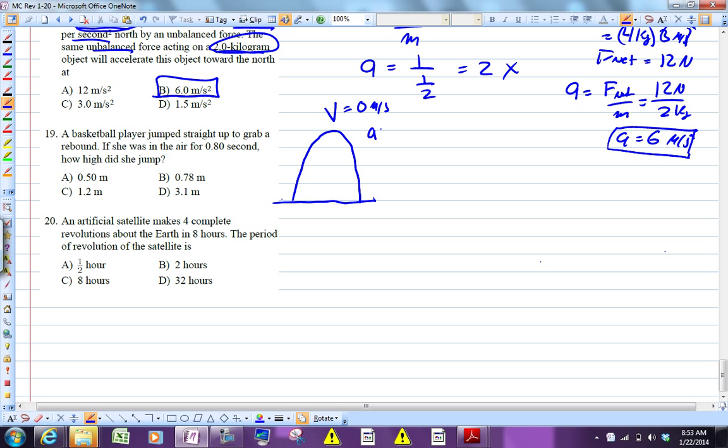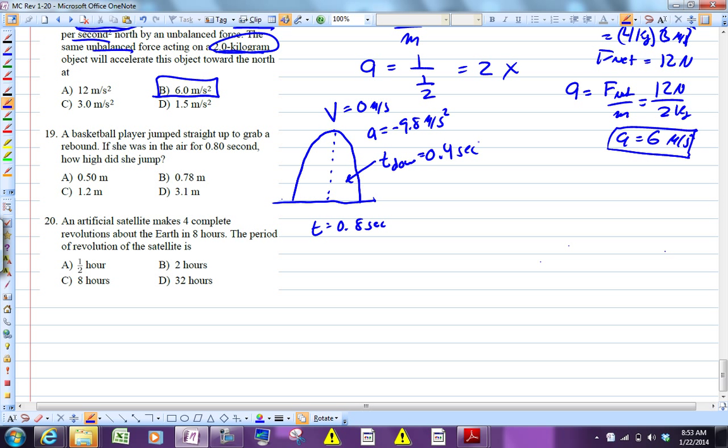We also know, because this is on Earth, that the acceleration is minus 9.8 meters per second squared, and we're told that the total time, the time to go up and come down, is 0.8 seconds. What I like to do is make the top the initial position, which means the time just to go down is going to be half that, 0.4 seconds.